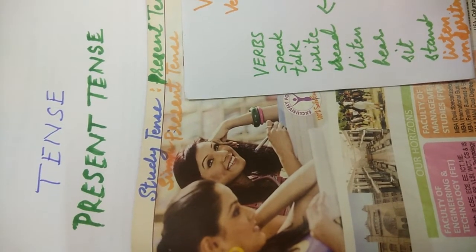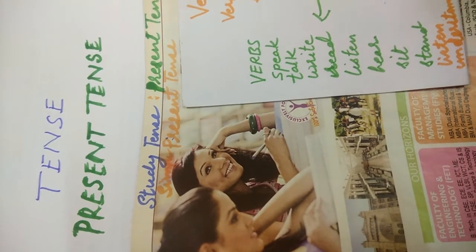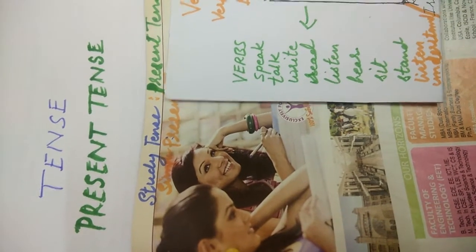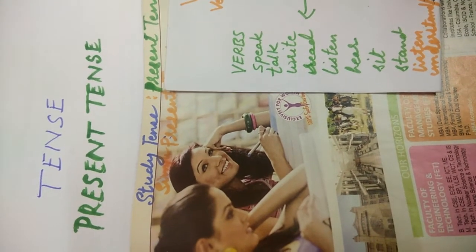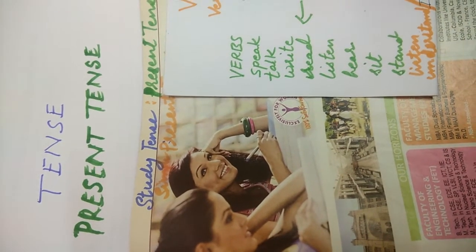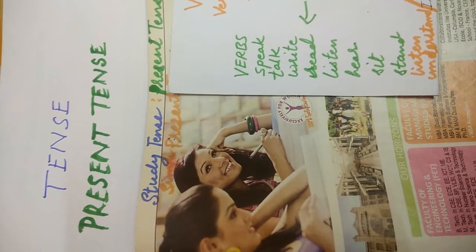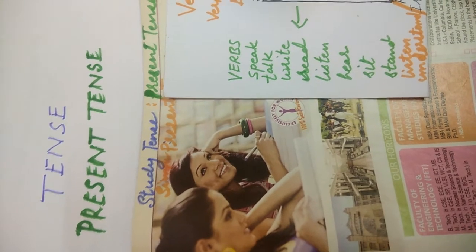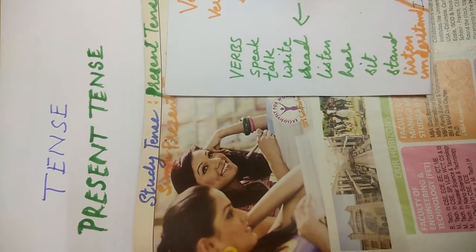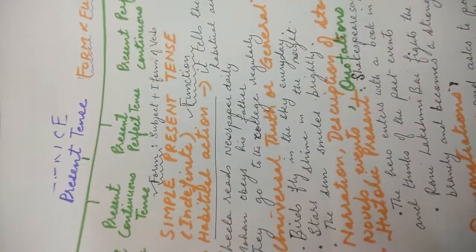When you study tense, you must know that there are three types of tenses, as we discussed in the last turn. In present tense there are four kinds. What are these four kinds? Have a look here.